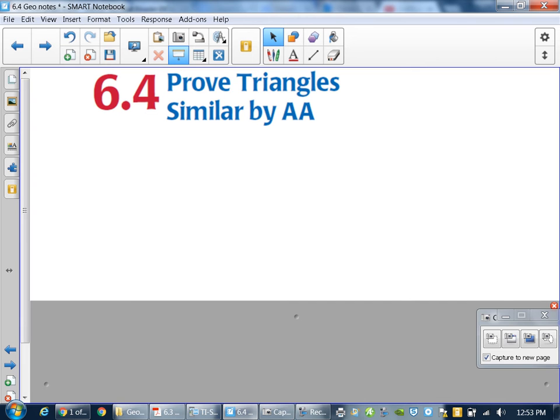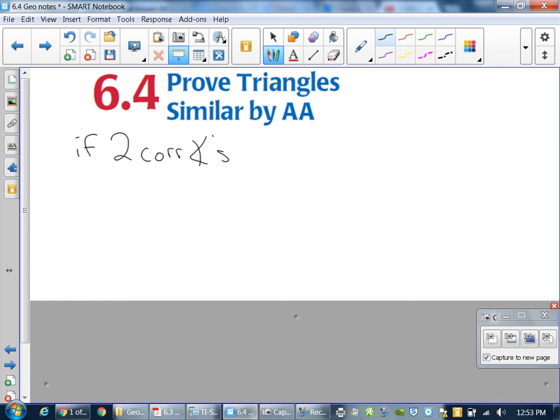Now we're talking about similarity here. And basically all this is, if 2 corresponding angles are congruent, then the 2 triangles are similar.